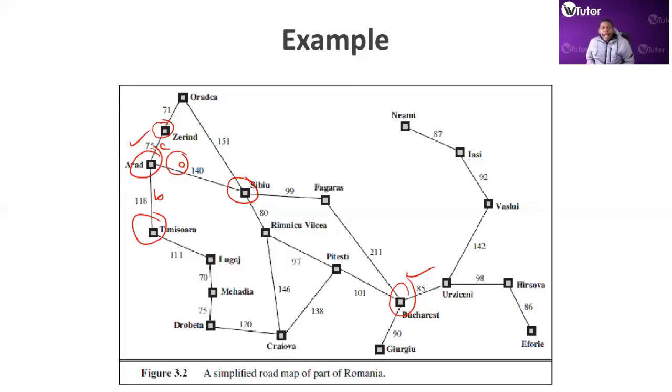So I have an output for each action that I take. Then the goal test. Is Zerind a goal? No. Is Sibiu a goal? No. Is Timisoara a goal? No. That is the goal test. If we reach Bucharest, then we can ask, is it a goal? Then we're going to have yes.